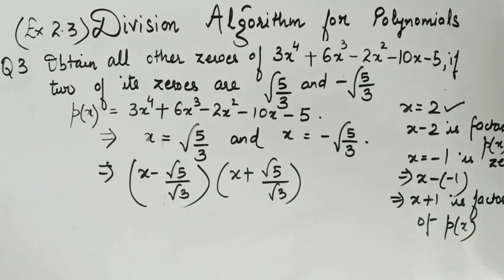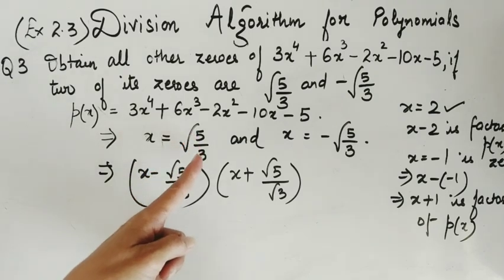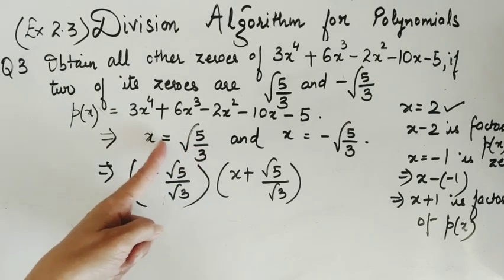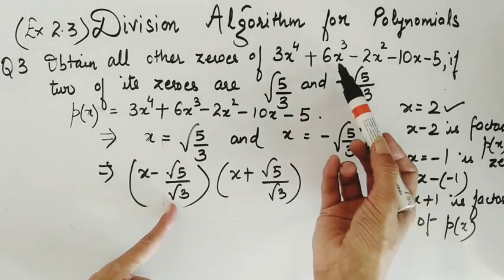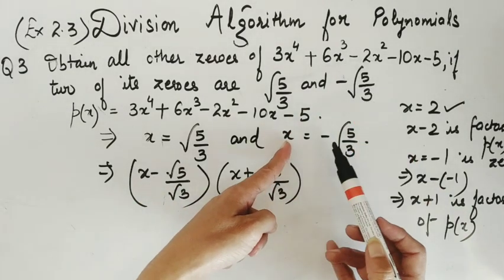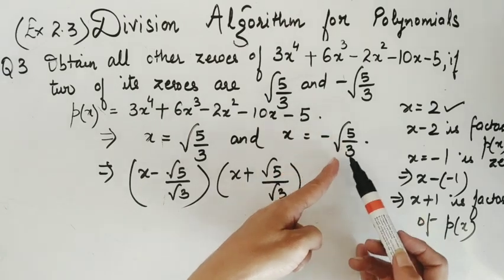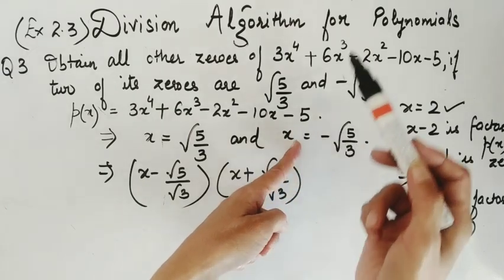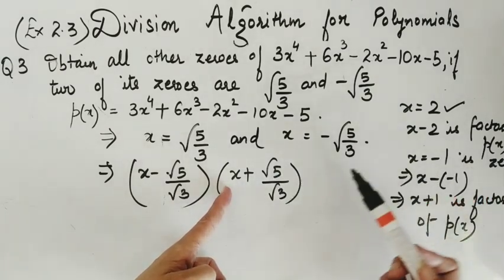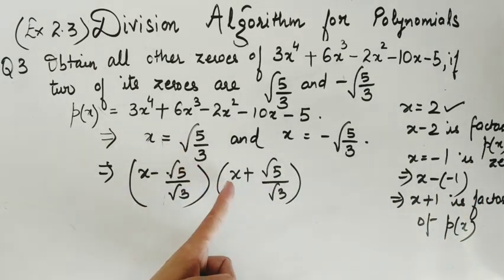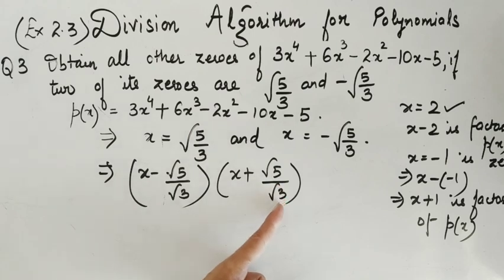Same is the concept here. If x, which is root 5 by 3, is zero, it means x minus of root 5 by root 3 would be a factor of this. If x which is equal to minus root 5 by 3 is its zero, it means x minus of minus would become plus. So x plus root 5 by 3 would be its factor.